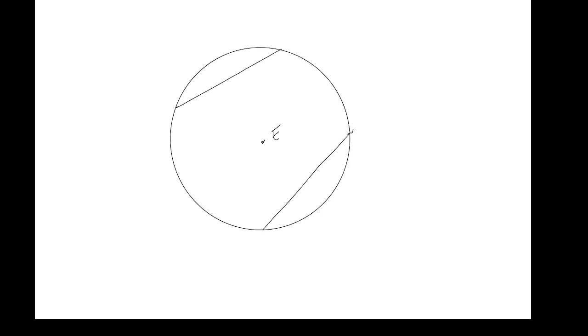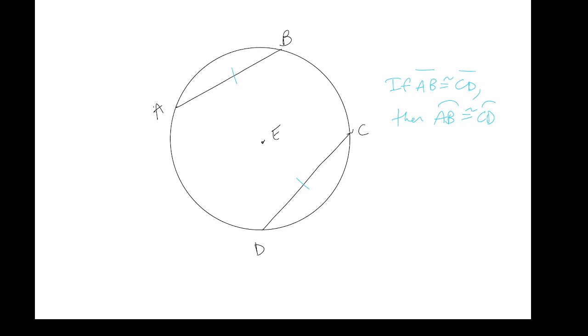So what I have here is A, B, C, and D in circle E. Now here's what we're about to learn: if chords AB and CD are congruent, these line segments with endpoints on the circle, then the arcs opposite them are also going to be congruent in the same circle.